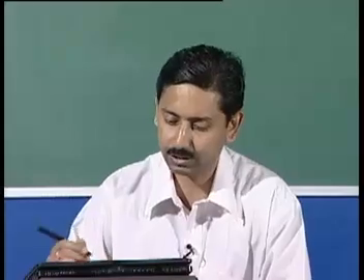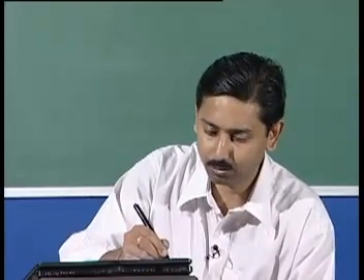Let us go to our next example, the last one. I look at the function f(x, y) equal to 3x to the power 4 minus 4x squared y plus y squared.